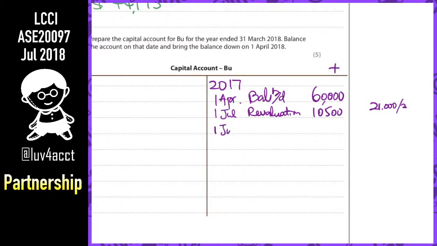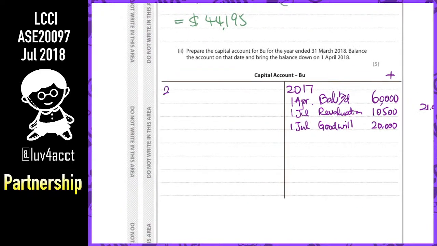Okay, and also for the goodwill adjustment, we have 40,000 goodwill, shared equally. Okay, and then year 2017, the same year, 1st of July, we have the goodwill written off.